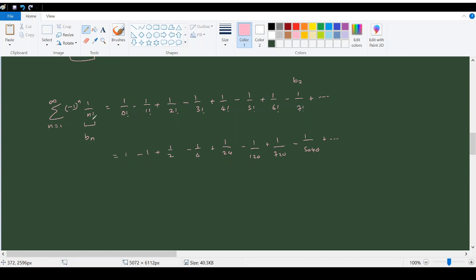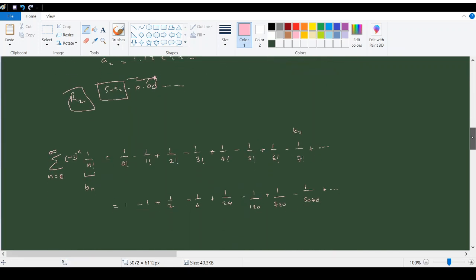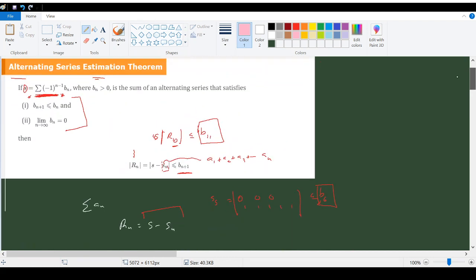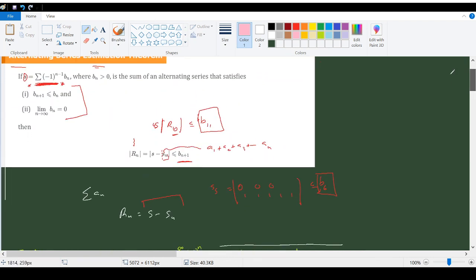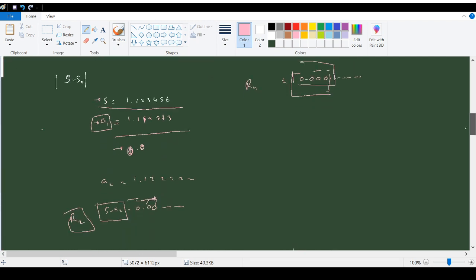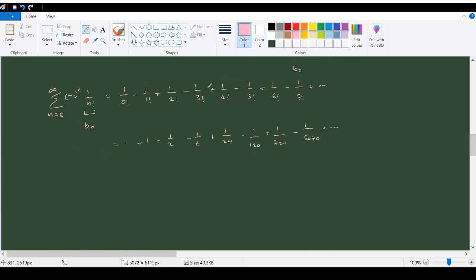Since we have 1 divided by 0 factorial, we will start at 0. It doesn't matter from which number you start, as long as you have this condition, right? And now you can see that B7 is equal to this one.